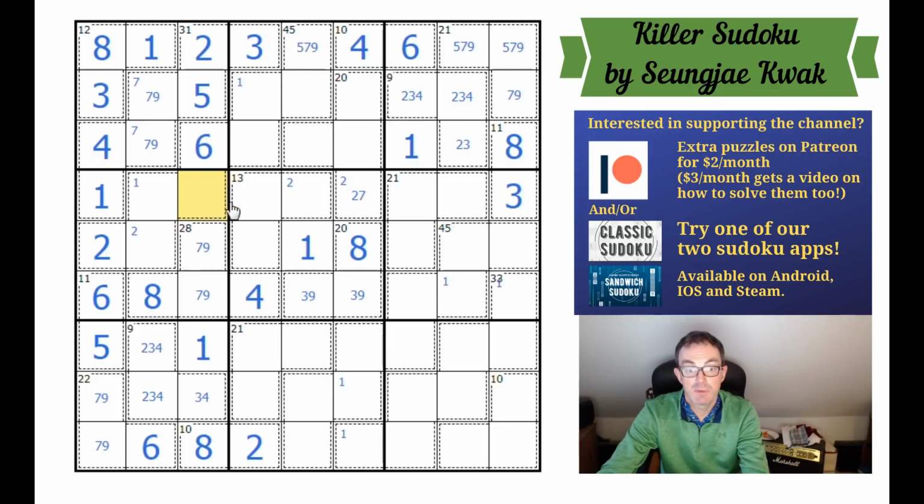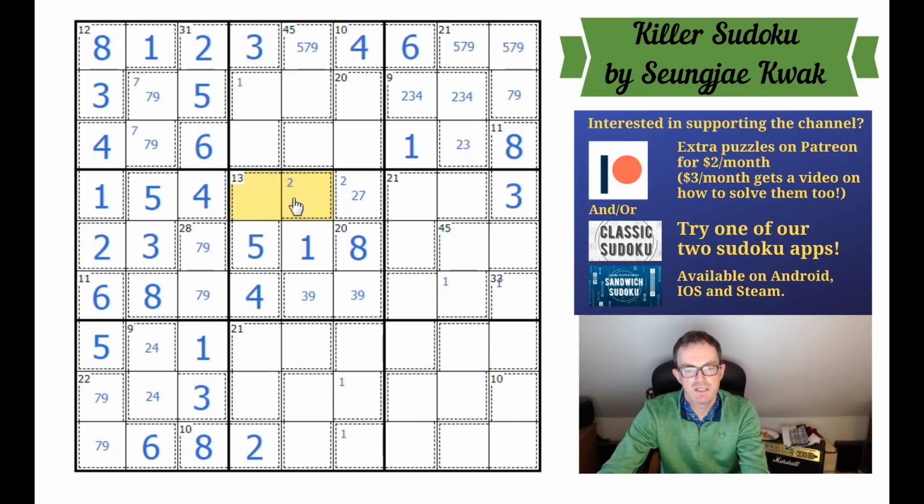This square must be a 3 or a 4 to complete the column, and there's a 3 here. 4, 3. So this must be 3 and 5, which is again resolvable. This must be a 5 now.